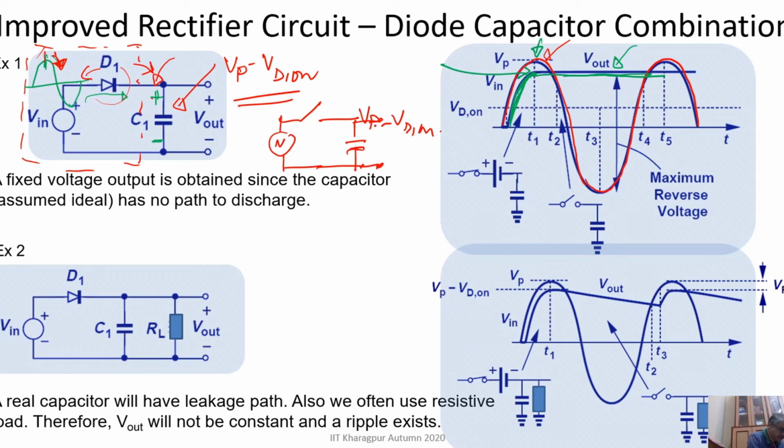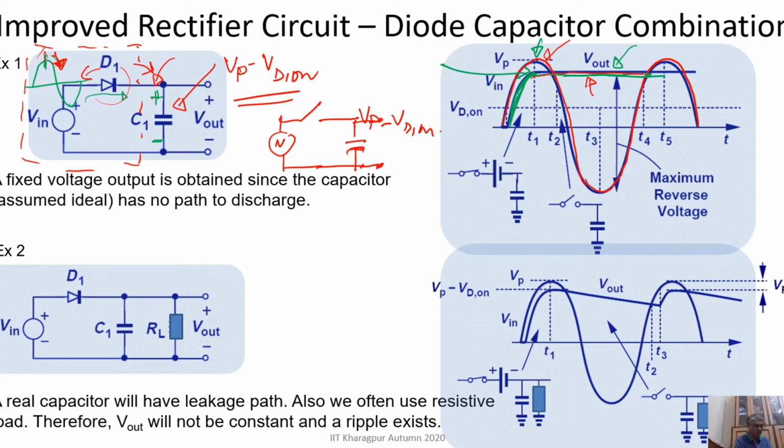There is no way this voltage will go, so the capacitor will fail to discharge. So in case of an ideal capacitor, we will have a fixed output voltage V out. You see there is considerable improvement in the output signal if we use a capacitor at the output of the rectifier circuit, right?